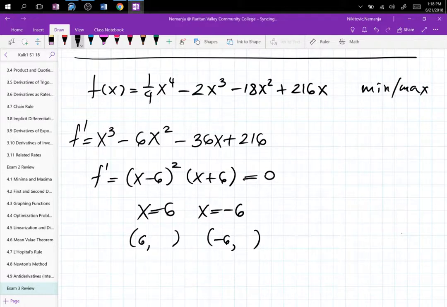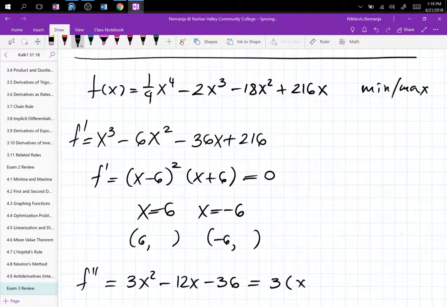And we can actually do that to honor their wishes, because we can find the second derivative, and that's going to be 3x^2 - 12x - 36. And you can factor out 3, because you have to set this equal to 0. That 3 is going to die and make everything else easier, actually.